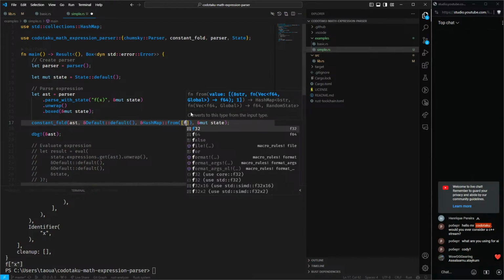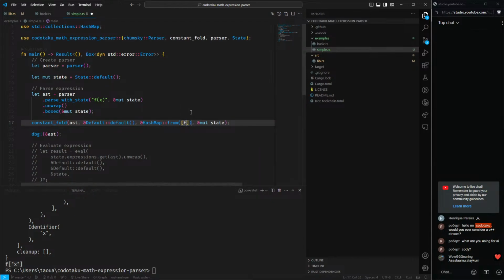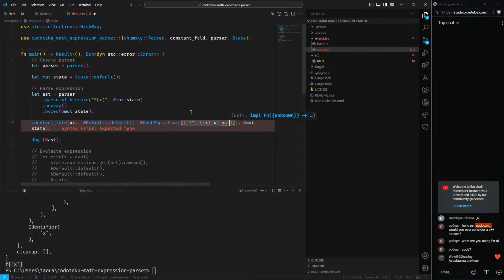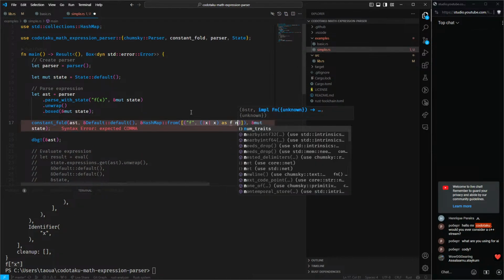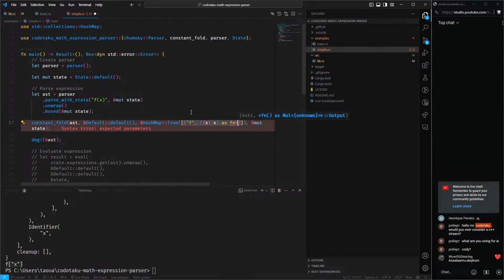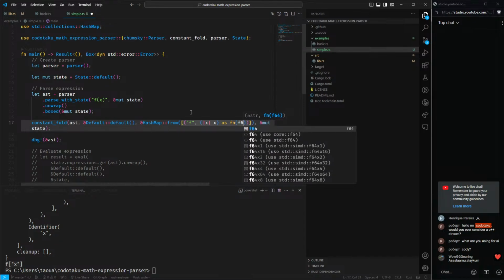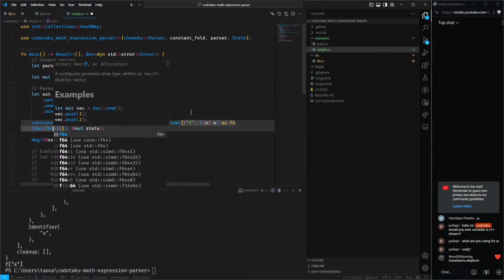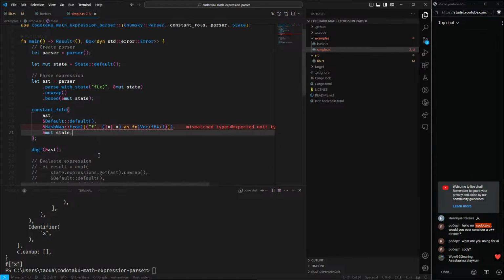And here we could put our thing as fn. Mismatch types expected. Oh crap.